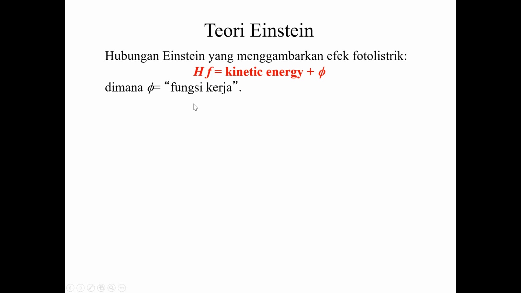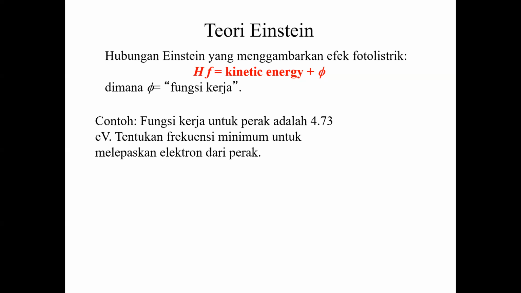Phi we call it, I don't know in English. Yeah, work function in English. Consider this work function. Somehow this is the minimal energy of a photon that can release the electron. So electrons at rest in the orbital are released but remain at rest.